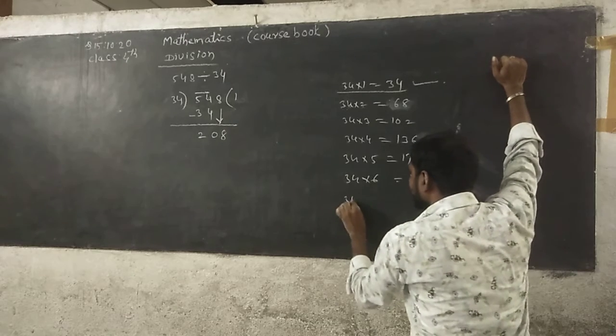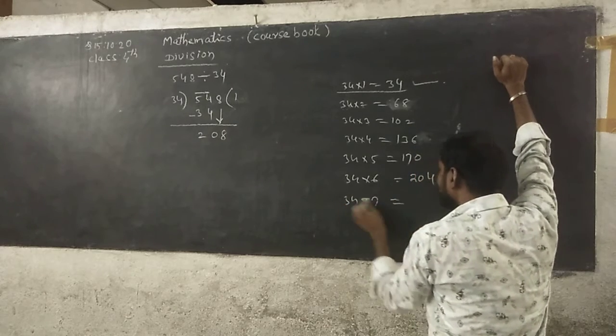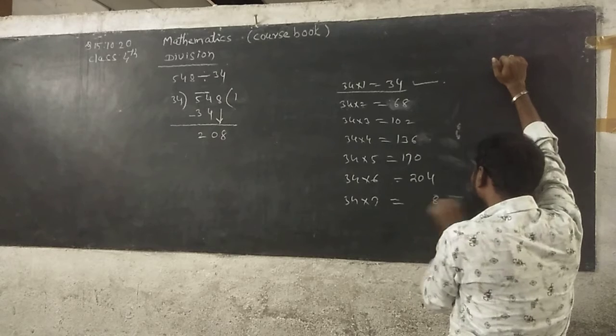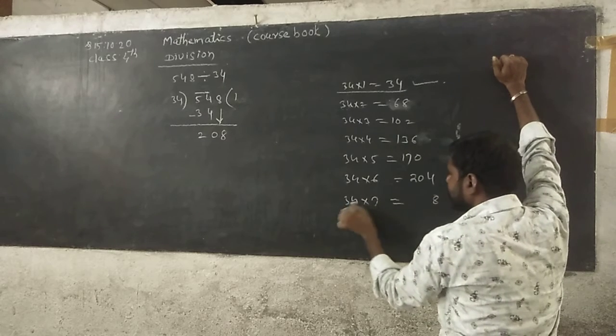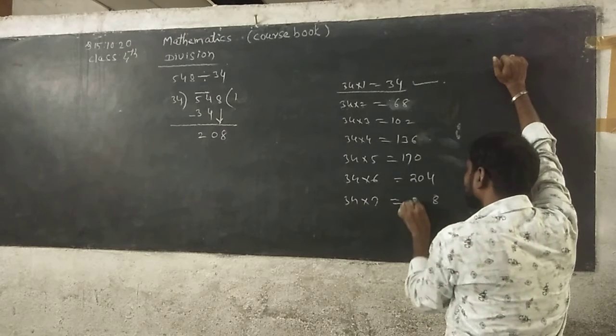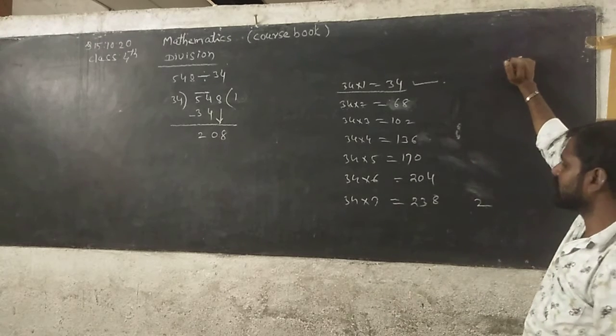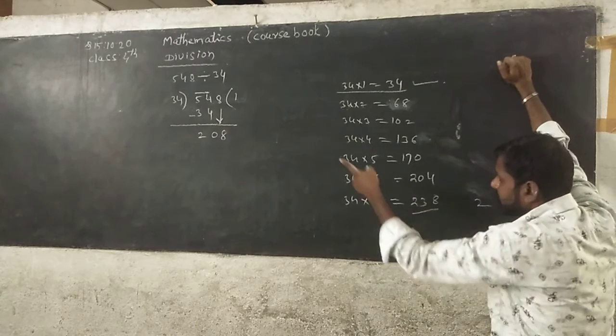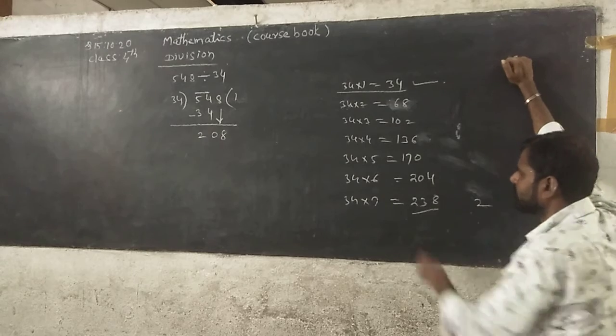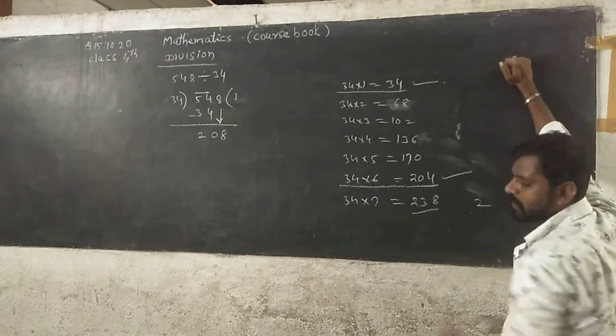Next 34 7s are, 7 4s are 28, 8 taking carrying 2, 7 3s are 21 plus 2, 23. 34 7s are 238, which is more than 208. So I have to take 34 6s are 204.